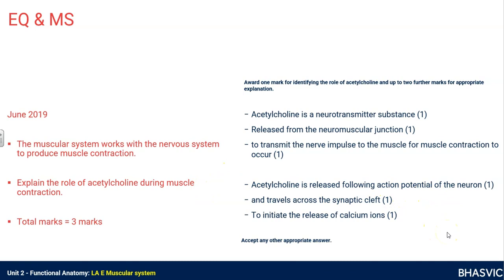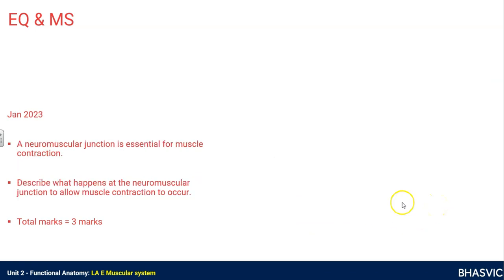So you've got to acknowledge it's a neurotransmitter, really. It happens at the neuromuscular junction. It's released there. And its job is to transmit the nerve impulse. It's a neurotransmitter from the nerve to the muscle to make it contract. You could say it initiates the release of calcium ions on the other side once it gets there. So nice 3 marker there on ACH.